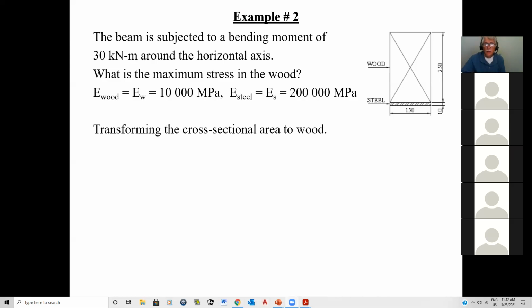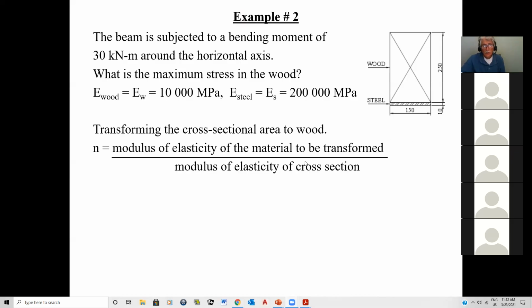But before I can do that, I have to calculate the modulus, the n value, the ratio. I take the modulus of the material to be transformed, in this case steel, divided by the modulus of what I want to transform the whole section to, in this case wood. So I take 200,000 MPa for the steel over the 10,000, and now I get 20 instead of 0.05. So I would take the 150 here and multiply that by 20.